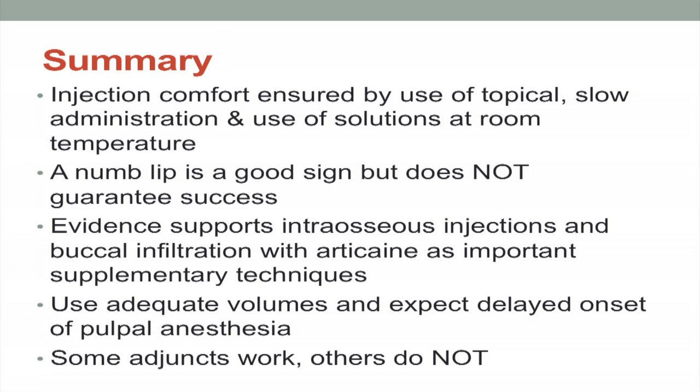The current scientific evidence supports the use of intraosseous injections and buccal infiltration with articaine as important supplementary techniques. And you should always use adequate volumes and expect delayed onset of pulpal anesthesia in more anterior teeth.